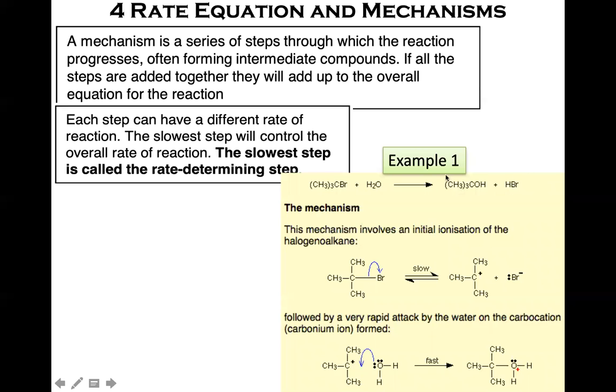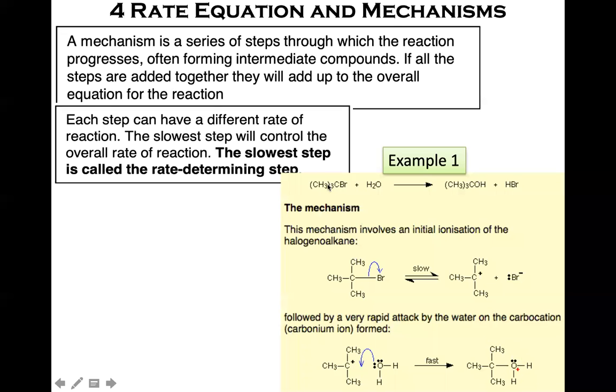Basically, looking at example 1, which you don't have in your notes, but that's fine. Example 1, you have the equation. This is the full equation. The equation only tells you the reactants and the products. That is all that it can tell you. But the mechanism shows you the transformation, the stages, how your reactant turns into your product.